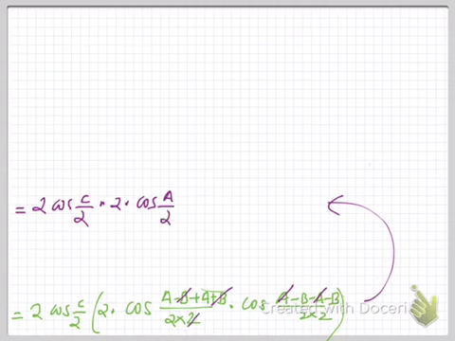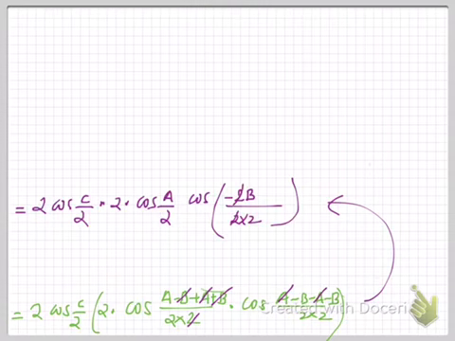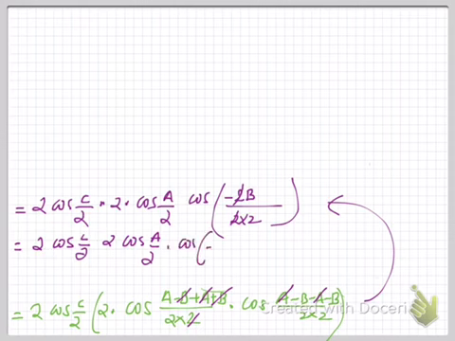This 2 gets cancelled, and cos of minus B and minus B gives simply minus 2B divided by 2 dot 2, so I can cancel this 2. So now I have 2 cos C by 2 dot 2 cos A by 2 dot cos of minus B by 2.